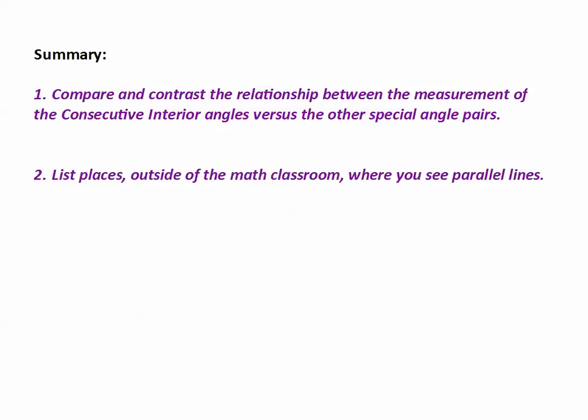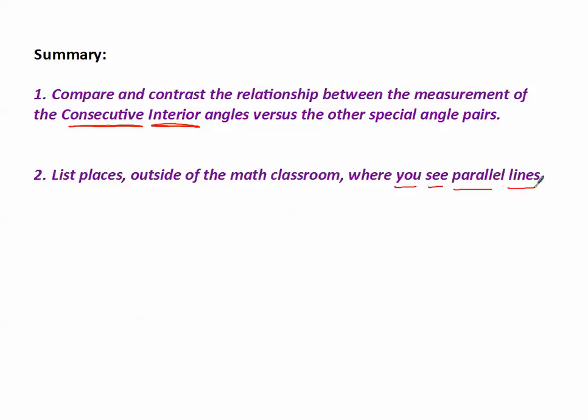Finally, two things for you to do to summarize. First, compare and contrast the relationship between the measurement of the consecutive interior angles versus the other special angle pairs. Do you remember what was special about the consecutive interior angles versus the other ones? Second, list some places outside of the math classroom where you see parallel lines.